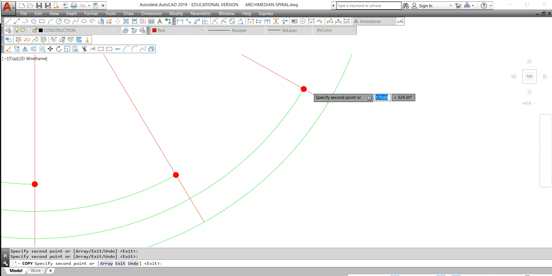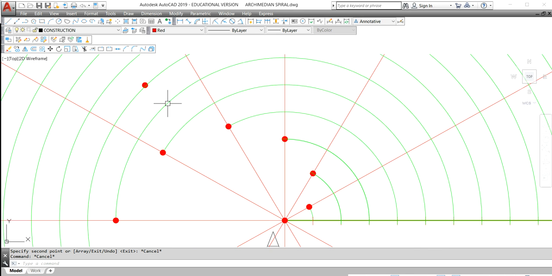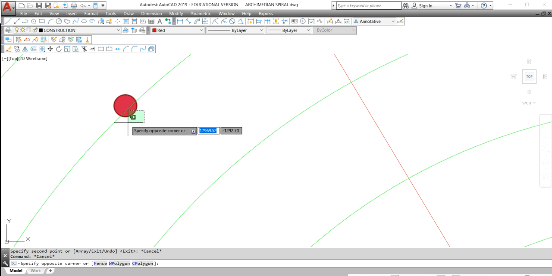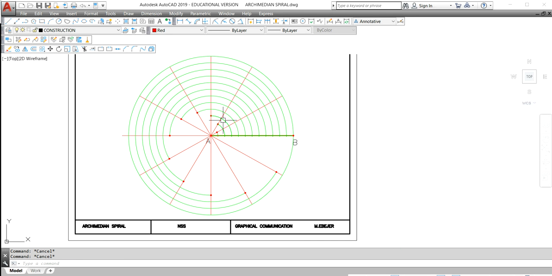Make the point a bit bold, so when we do the curve, which is going to be freehand, the points will guide you how to do the best possible curve. So here we have all the points.